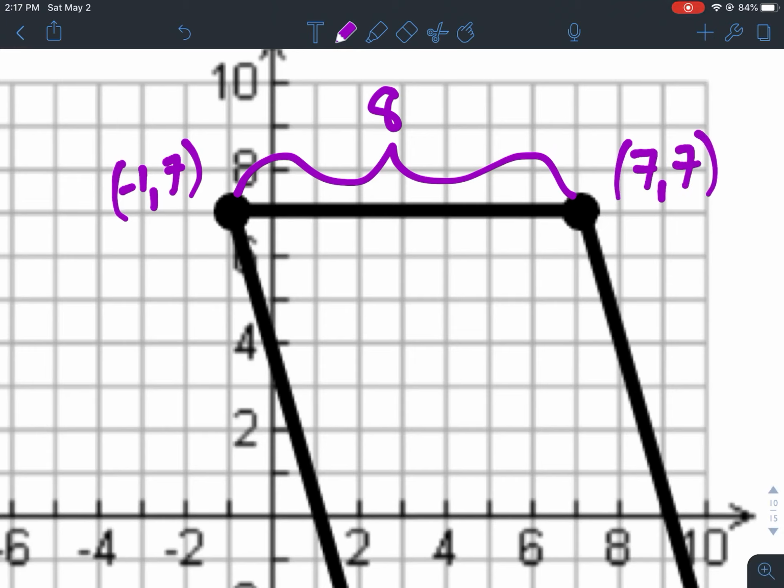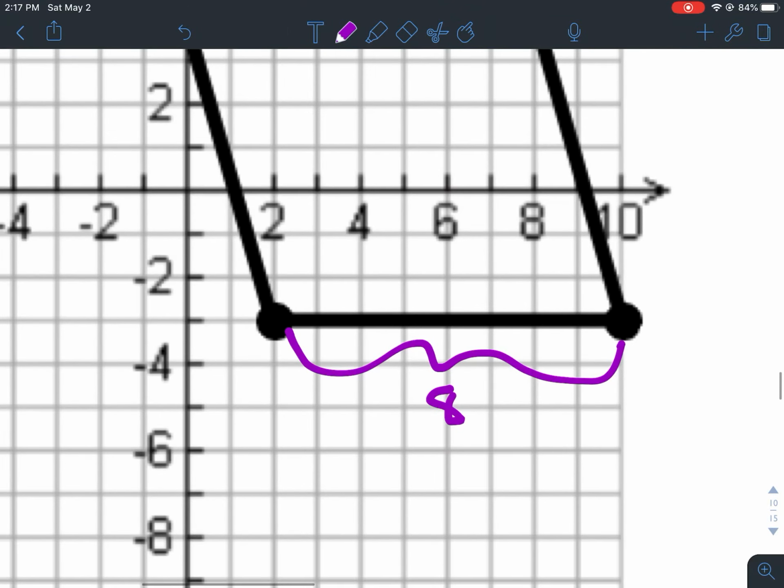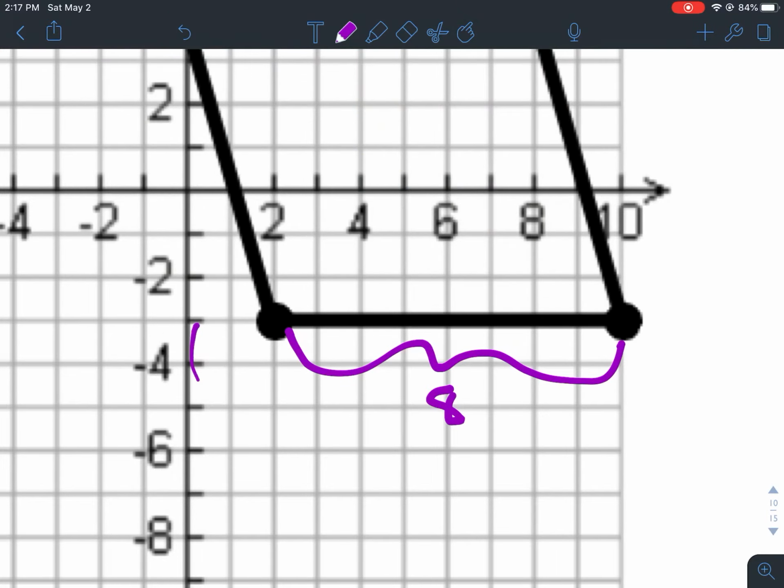So the distance between the x values should be 8 units. Same thing down here: this ordered pair is (2, -3), and this is (10, -3). Again, the distance between the x values should be 8.